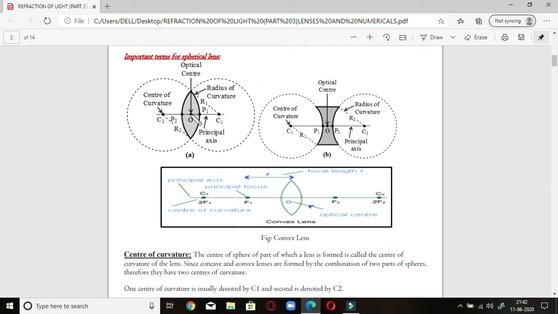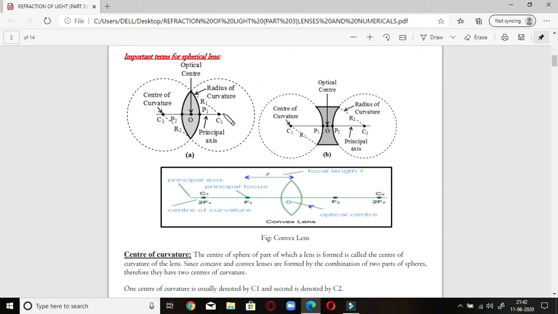Now when we find the center of it, this is called the optical center. The line passing through the optical center and joining the centers of curvature of both the spheres is known as the principal axis.